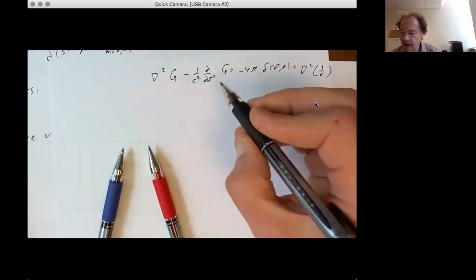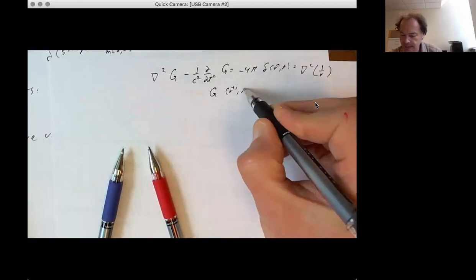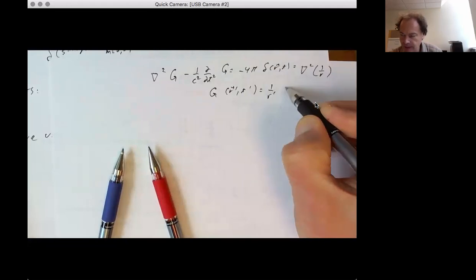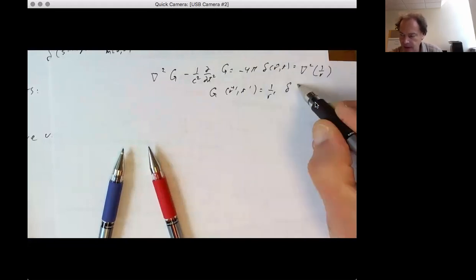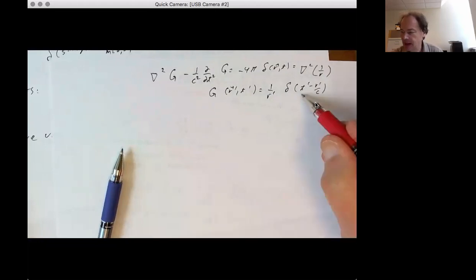And so our Green's function, we just wrote down, is equal to 1 over r prime delta function t prime minus r prime over c, where we have stuffed in here. So this is actually the solution you get here.